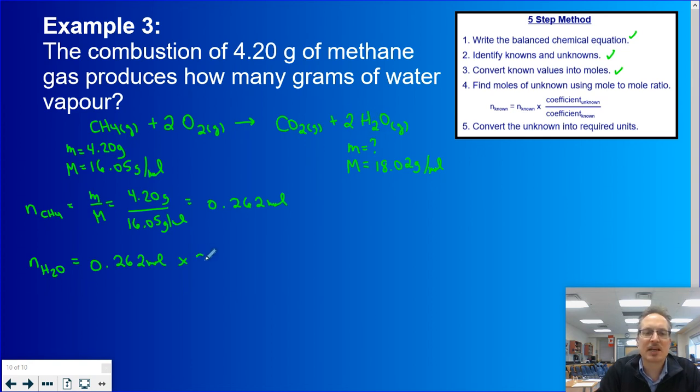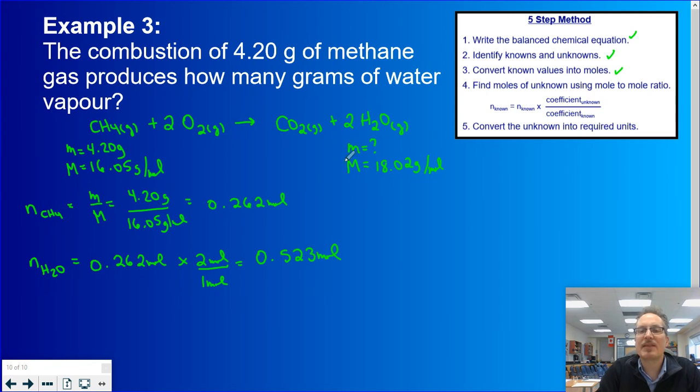So this is going to be times 2 moles. And then we're going to leapfrog back and we're going to divide by our known moles, which is a 1 right here. So times by 2. Still in 3 significant digits, 0.523 moles.